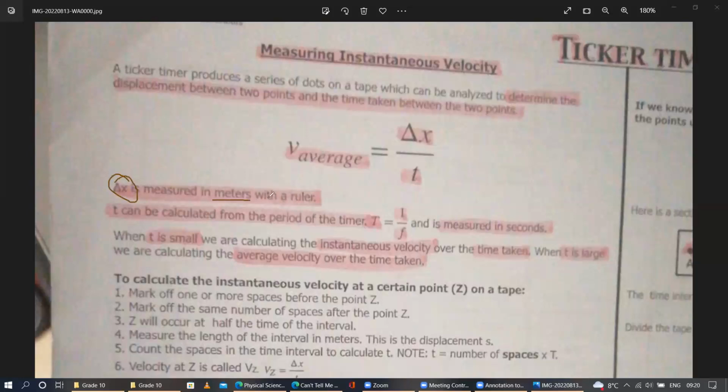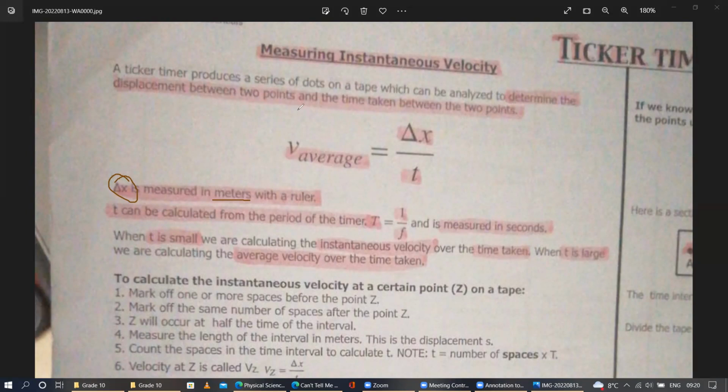The thing is, you're gonna have to measure with a ruler. Since I don't have it with me, you're gonna have to do it physically because I'm just using a PC. Yeah. So the time can be measured in the form of period, which is.